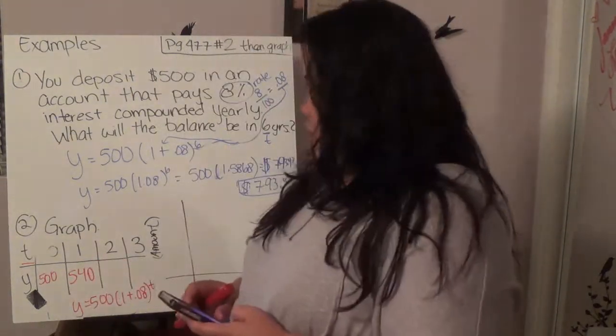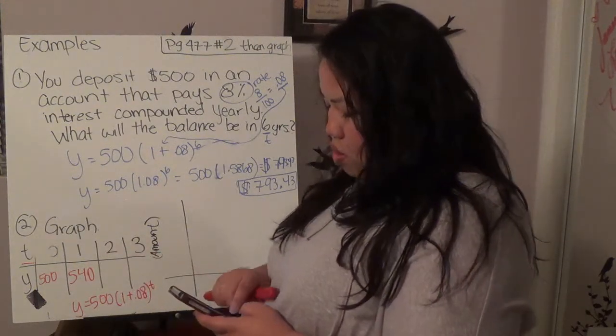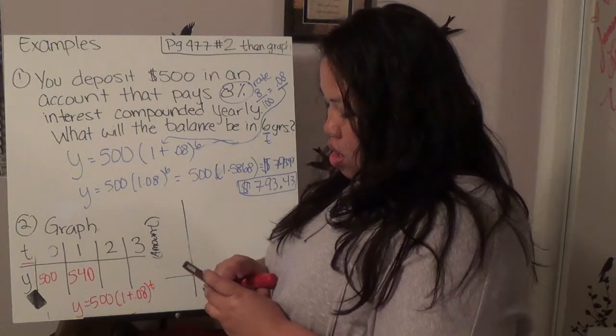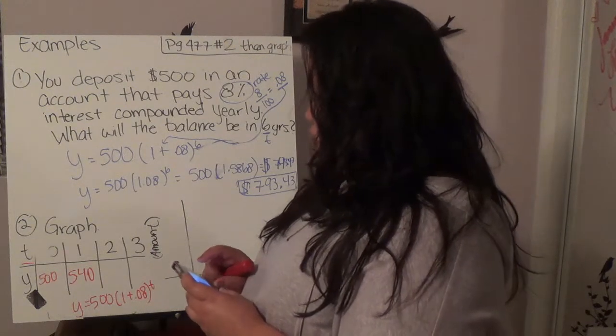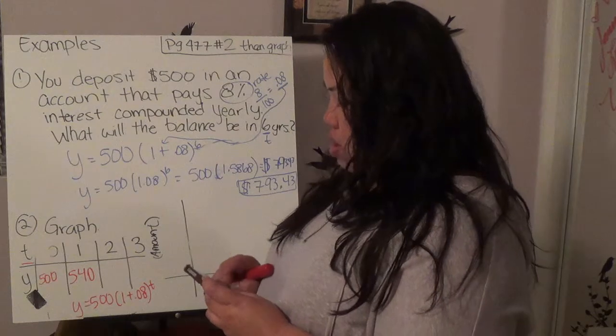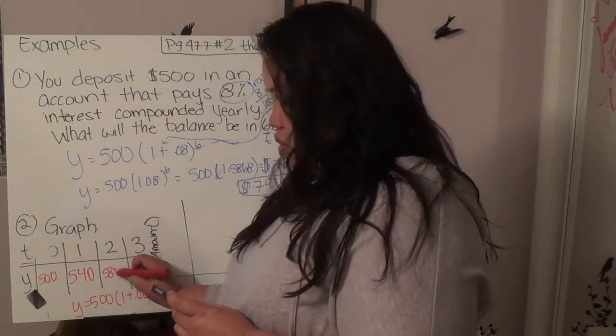And then 2 is in for t, so 1.08 to the power of 2, which gives me 1.164664, and I times that by 500. This gives me 583.2.